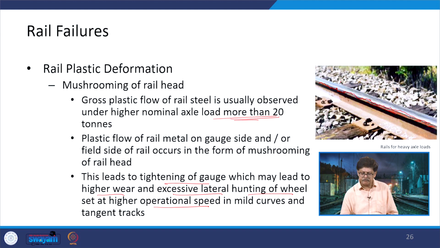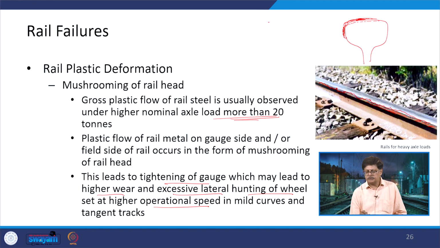Because now what has happened is, if we talk about this as a rail head, some of the material from the surface has moved and now it has come here. So, the surface has gone in this form, whereas the material has got deposited here.